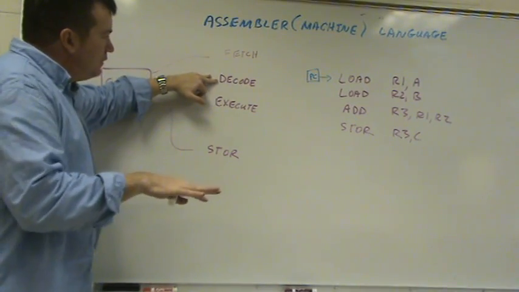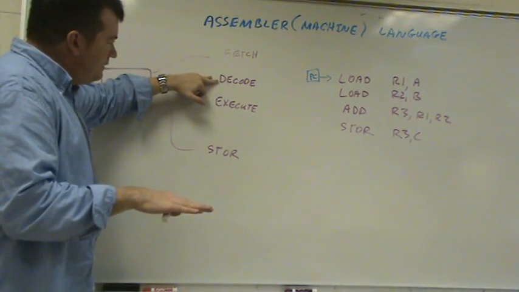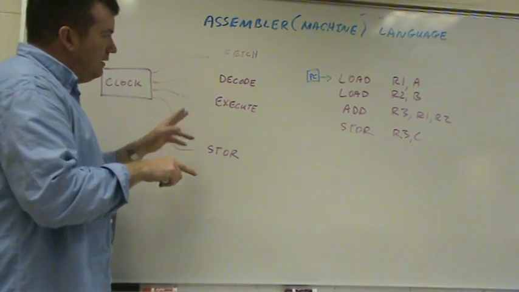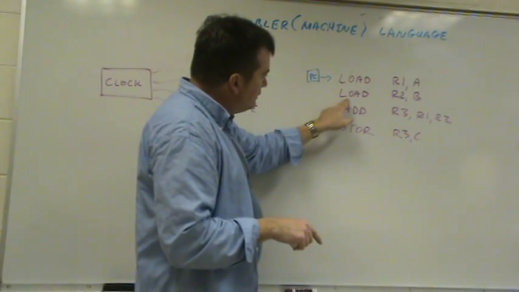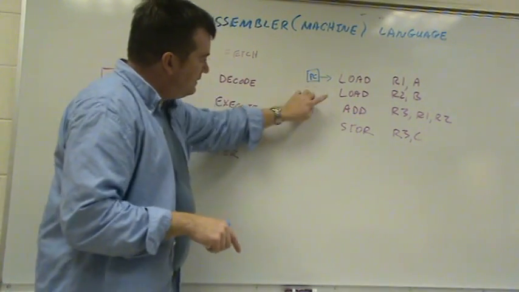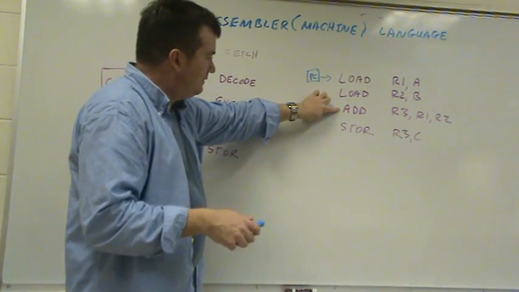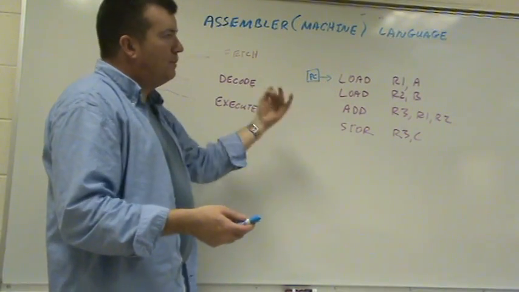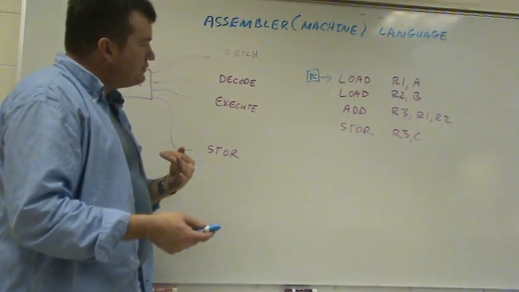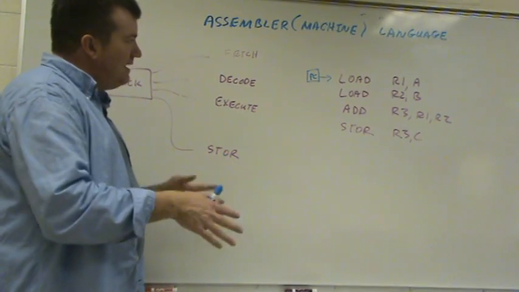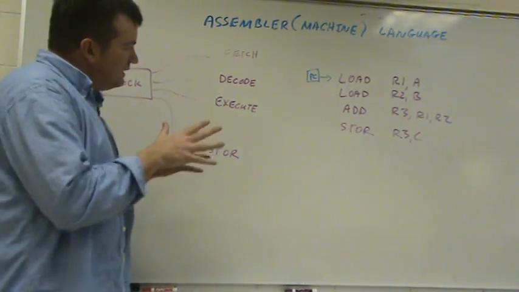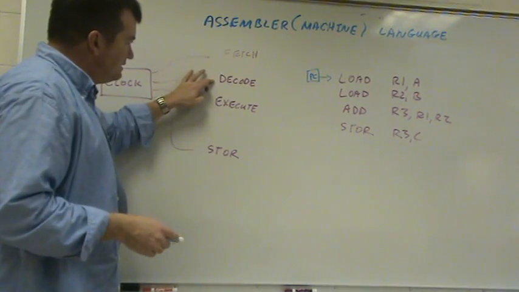The electricity is flowing through, so if it happens to be a load instruction, the bit that turns on the adder will be off, and the bit that's doing storing will be off. The bit that's doing loading, meaning opening up our set of registers, will open up. So we let the bits flow through, and that's the decoding step.